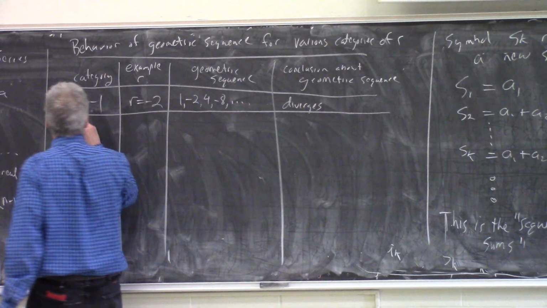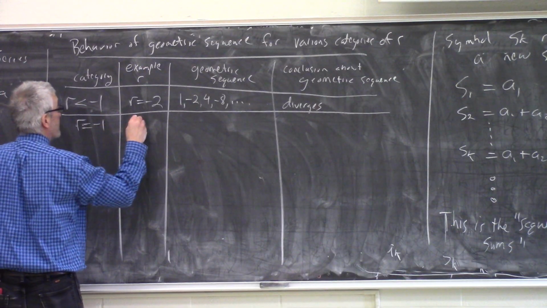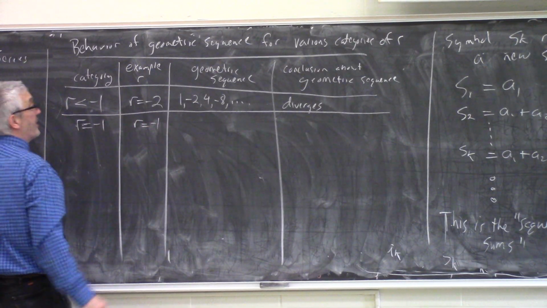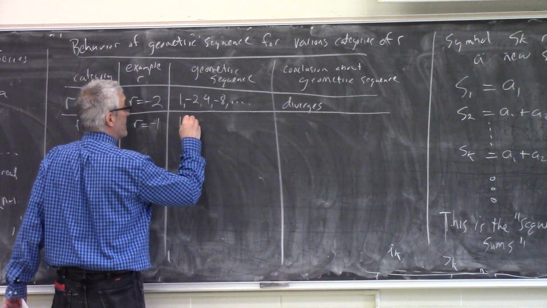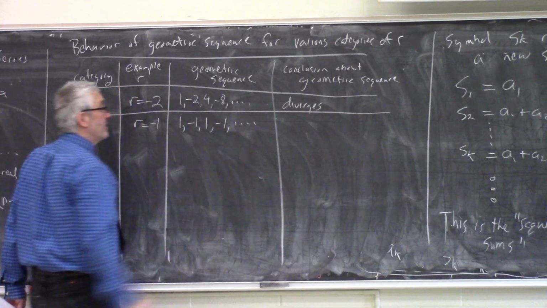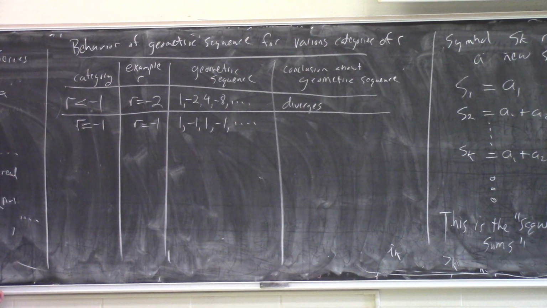Now another category is R equals -1. Of course, the only thing in that category is R equals -1. So the geometric sequence here is 1, -1, 1, -1, and so forth, as you raise -1 to higher and higher powers. So who wants to tell me about that sequence? Does it converge or diverge? It oscillates. So does that mean it converges or diverges?